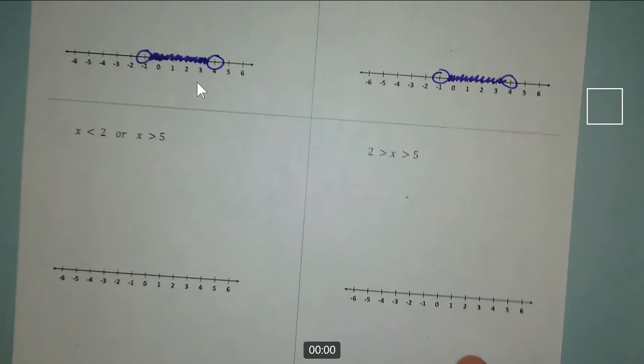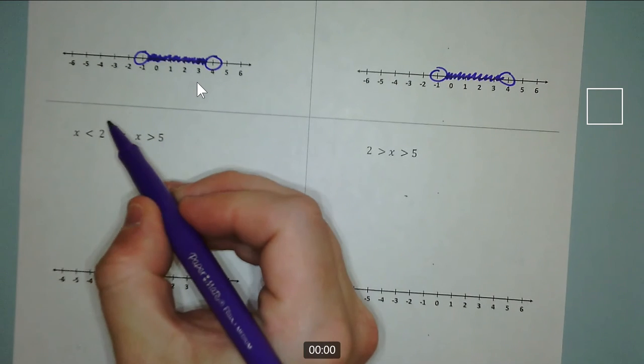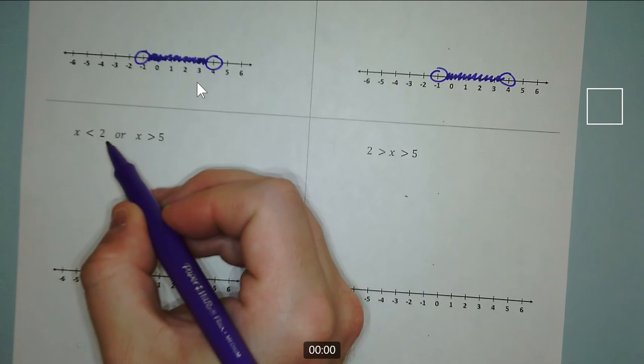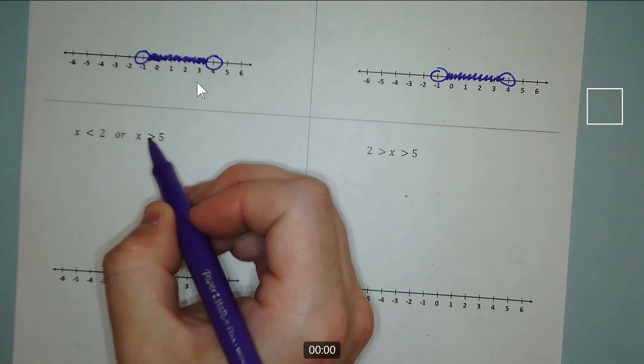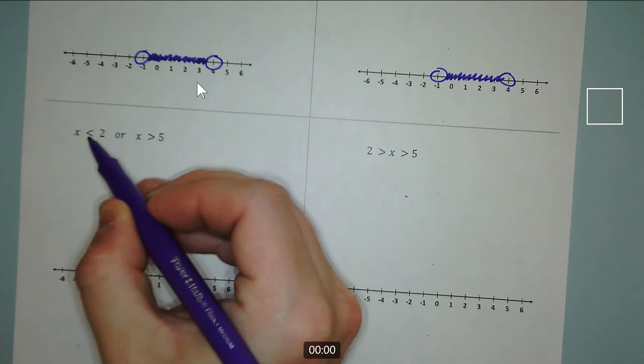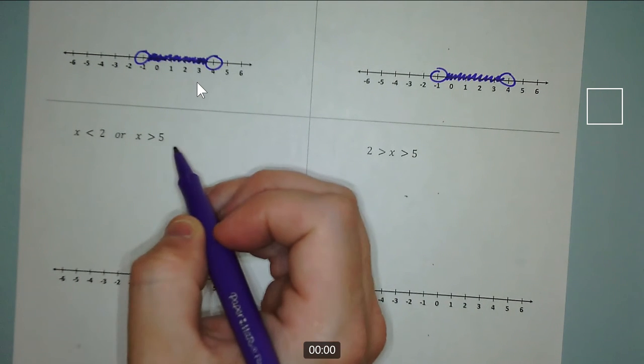And then down here, the word or is a different thing altogether. X is less than 2 or x is greater than 5. You know what I mean? You can be this or that and it's all good.